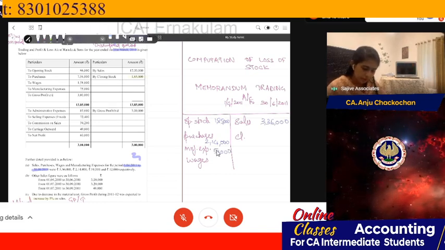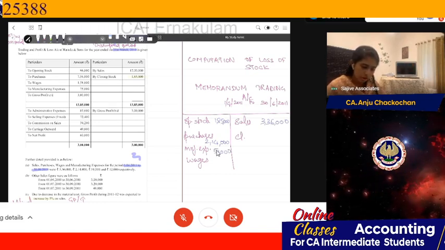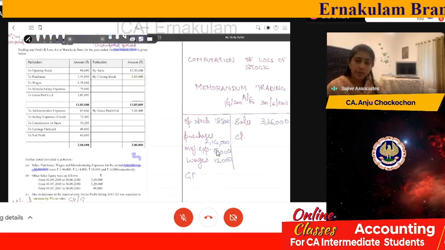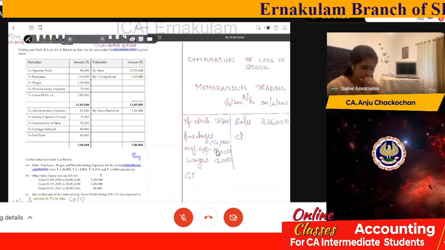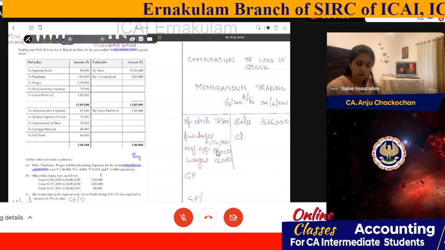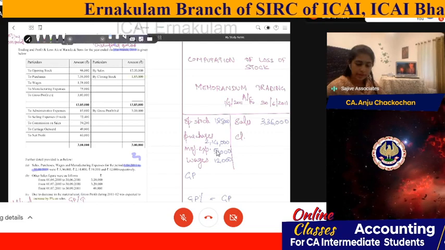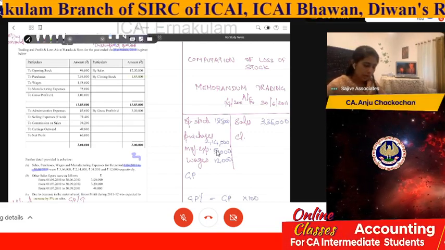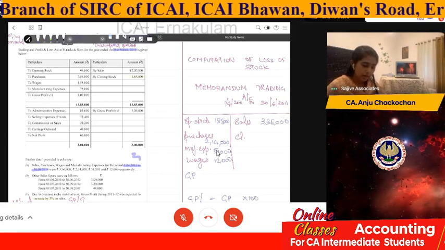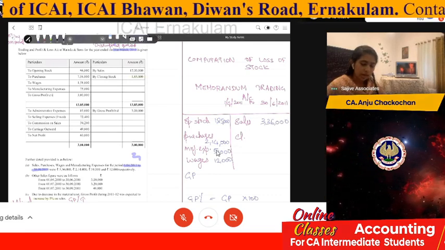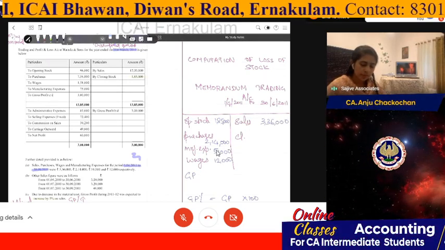And manufacturing expenses. So you will have to compute the GP percentage, and only then will you be able to compute the GP amount. GP percentage will be a working note to this: GP divided by sales into 100. GP will be 3 lakh of the previous year and 12 lakh into 100, you get the GP percentage.